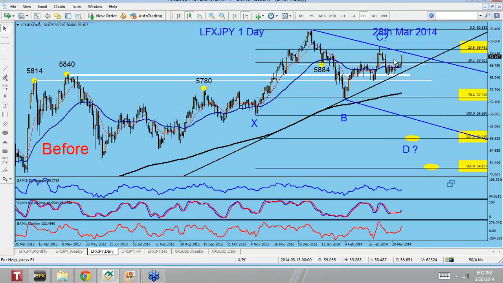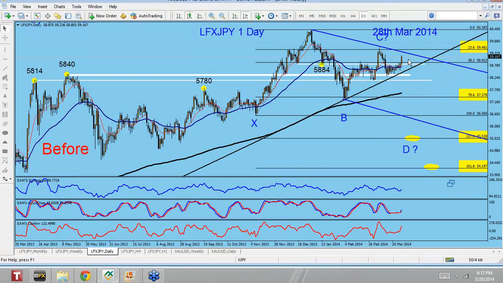But we never know. Right now we're going to stop at the TL or break it and go above it. If we break and go above it, then the downside is out of the way, then it is going up, and then pound yen is going to fly again big time, because pound is still getting strong, and yen at this moment is getting weaker, right?